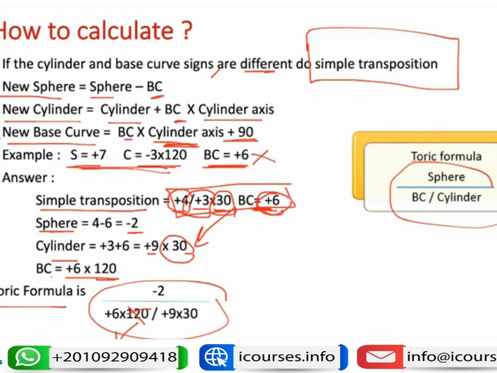To be honest with you, usually the exams ask for the simple formula or the simple transposition, but sometimes the toric formula is asked. So you should also know the rule, or know how to convert the toric formula of the contact lens.